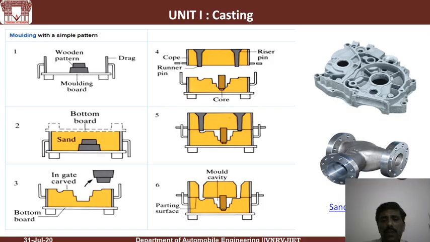Then we pour the molten metal into this cavity, so that we get the required shape after the liquid poured in this cavity solidifies. Then we remove the cope and drag boxes, and break the sand in the case of sand casting, and then we separate the cast product and finish it to get the desired shape. So this is the casting process.